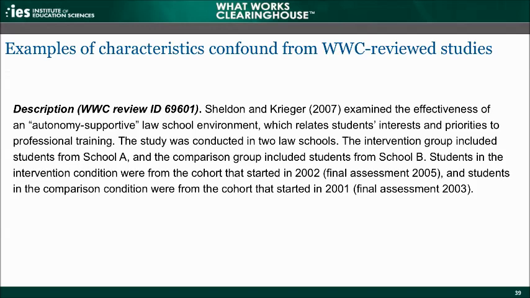The intervention group included students from School A. The comparison group included students from School B. Students in an intervention condition were from the cohort that started in 2002, and students from the comparison condition were from the cohort that started in 2001. The question here is, does the study contain a confound? Let's go to the next slide.